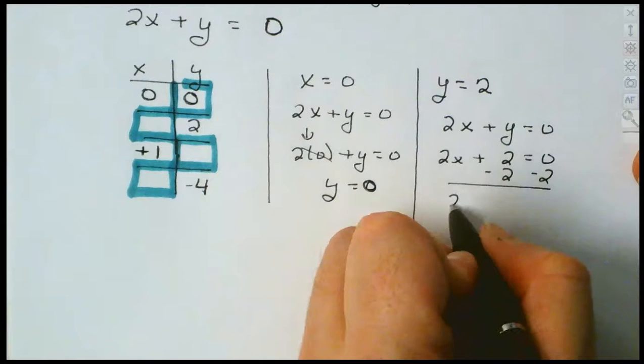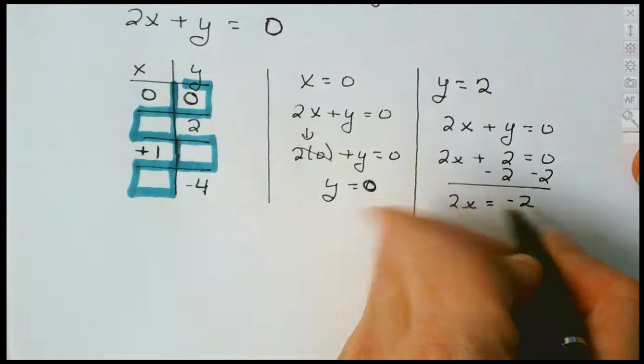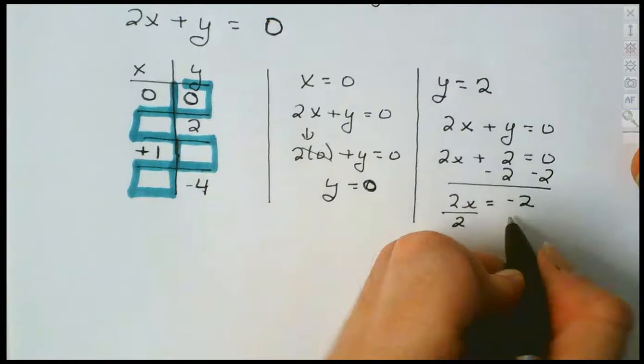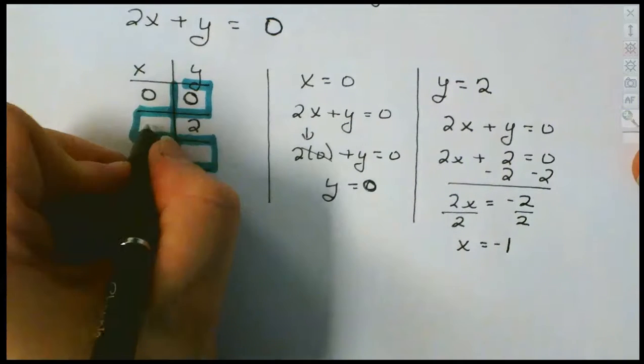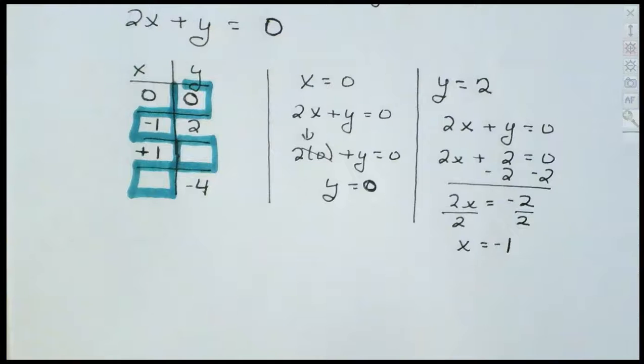And now I get 2x equals negative 2. Divide by my 2, and now I've got negative 1. So there's another ordered pair. So depending upon which value you have, plug it in, and you get the other one.